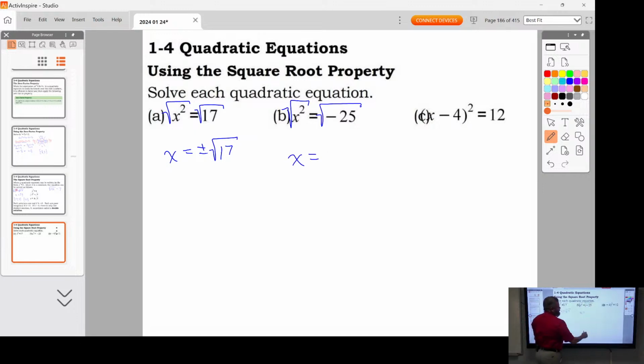Square root of -25 is? You're telling me that 5 times 5 is -25. Is 5 times 5 -25? No.